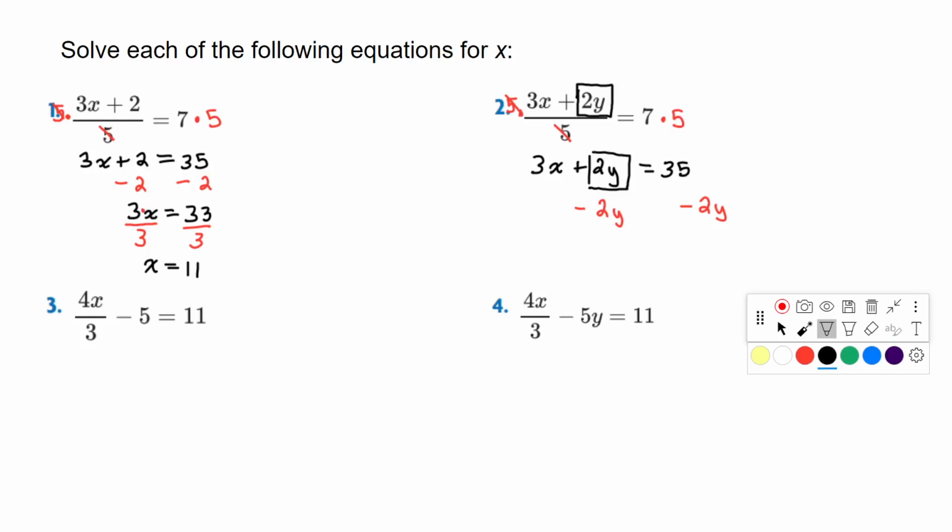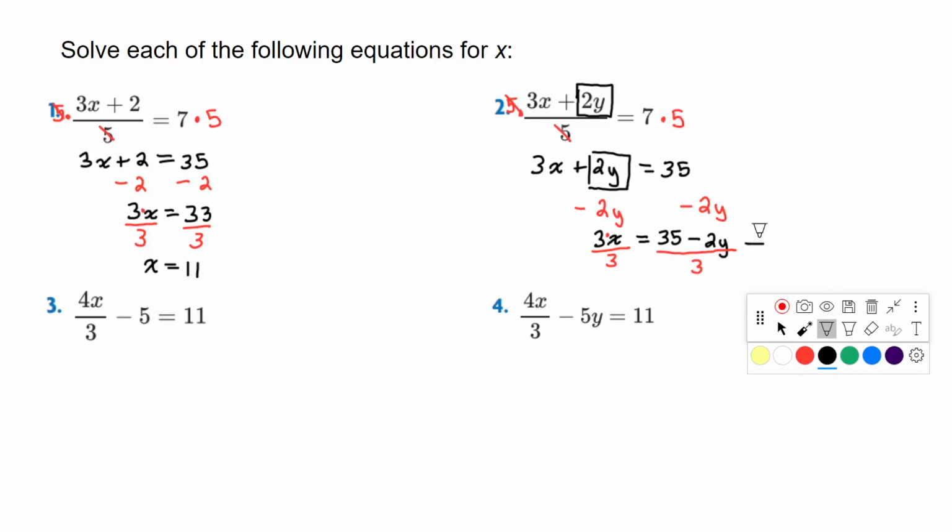So what I'm going to write is that I have 3x equals 35 minus 2y. And then the 3 times x, remember this is a multiplication, we undo by dividing, and we divide that entire expression, 35 minus 2y, by 3.